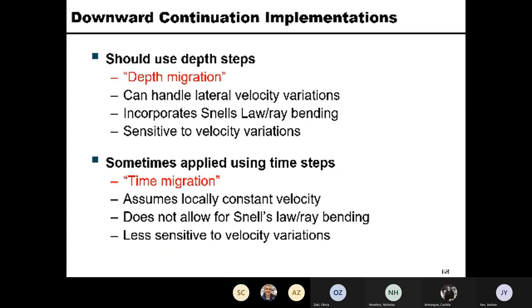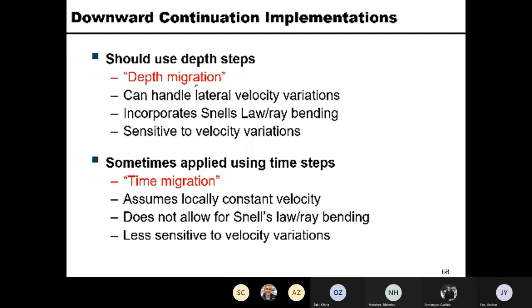If the velocity is 10% higher or lower than the true velocity, you still have a good image. So in theory it's a depth migration, but in practice, it's a time downward; you downward continue delta t rather than delta z.